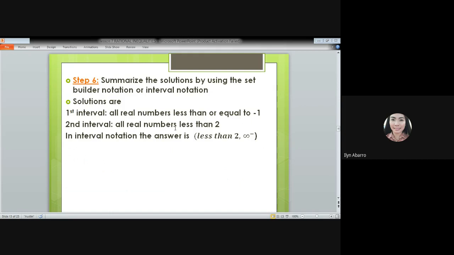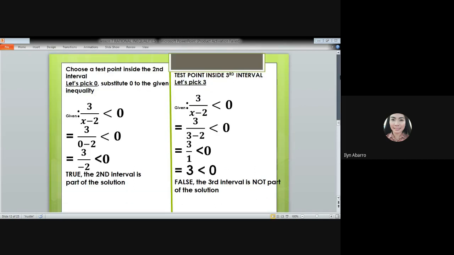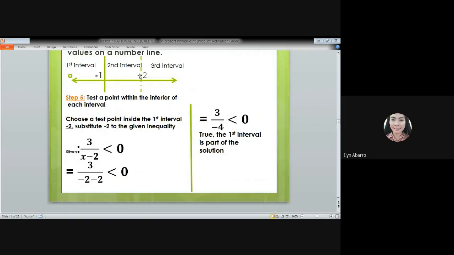In interval notation, the answer is, when our solution looks like this, we can use the interval notation wherein you just put where it starts and where it ends. Our solution is from here to here, like just one area. So we use interval notation, where it starts and where it ends. Our solution is from here, -1 is included, so we can combine them.